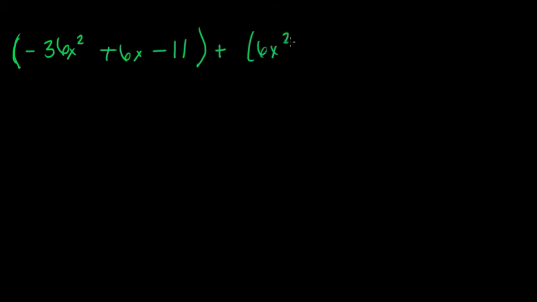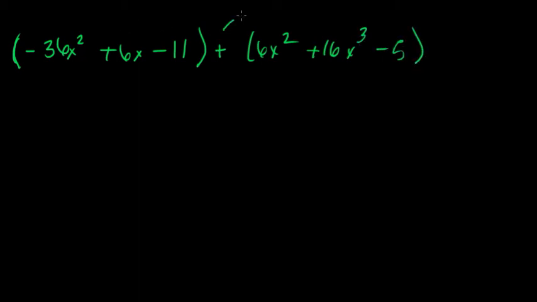So, let's start off with this here. We have a minus 36x squared, and then we have a plus 6x, and then minus 11. And we're going to go ahead and add this to 6x squared plus 16x cubed minus 5.